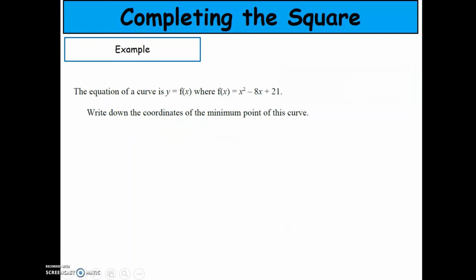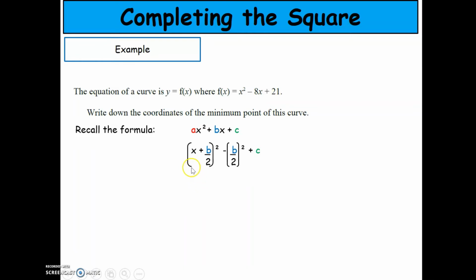Second example, we would like to find the coordinates of the minimum point of a quadratic function. This is function notation in this case. If we have the following quadratic, x squared minus 8x plus 21, we are going to complete the square for our quadratic and find the coordinates of the minimum point.